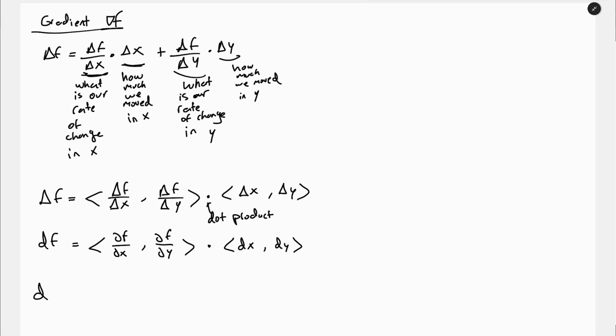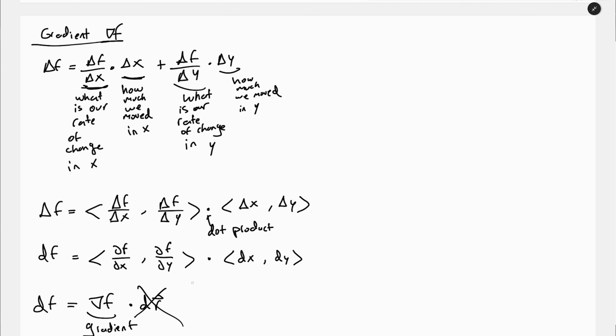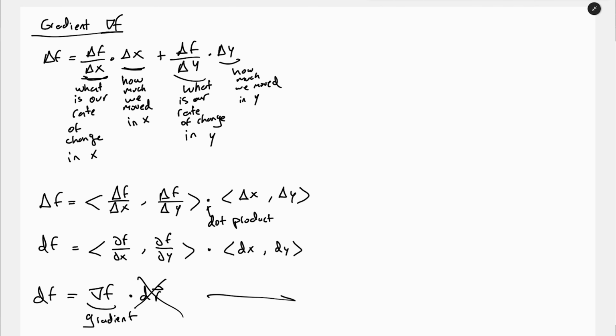And so then we have this left over. This is our gradient, and this is the direction we move. But right now I'm not going to focus on this. I will just show the gradient first.